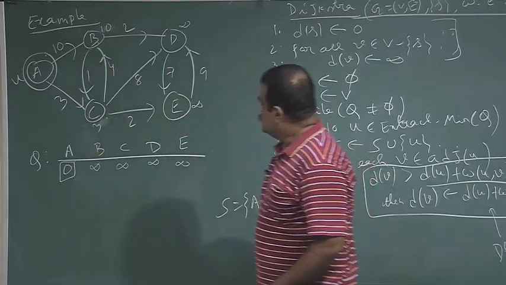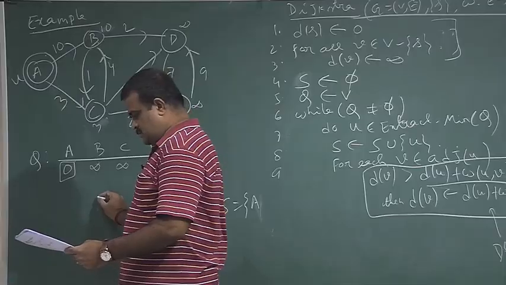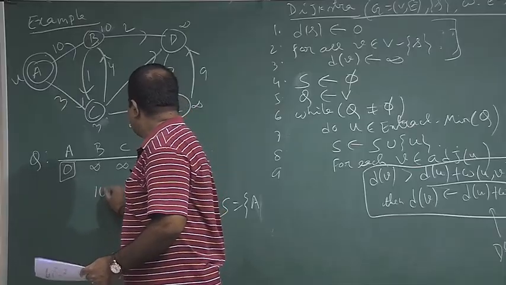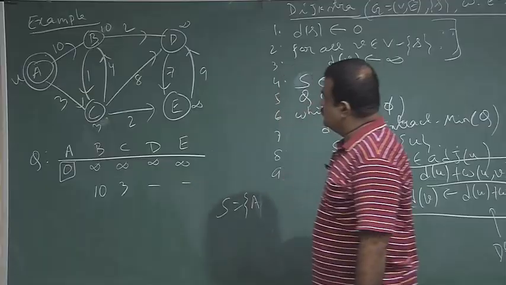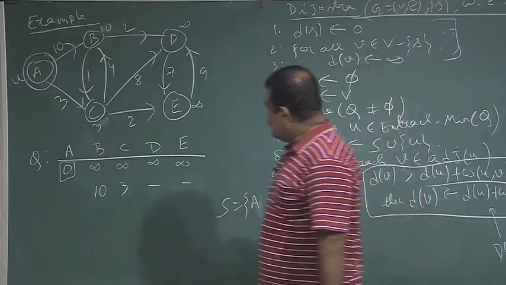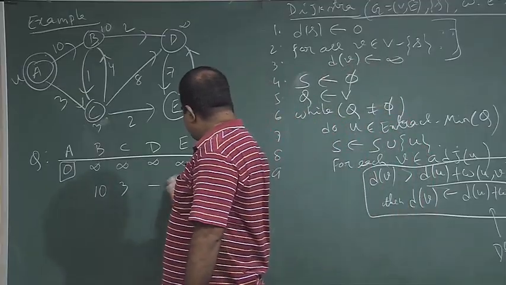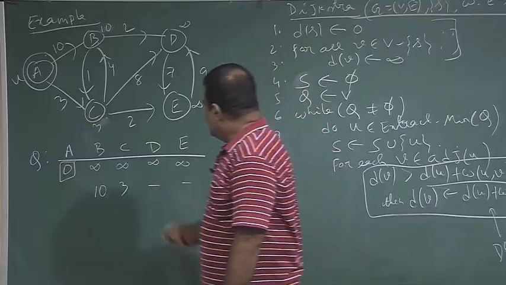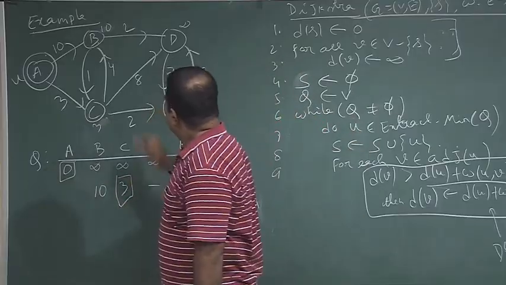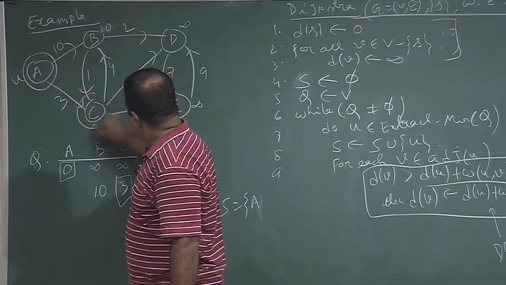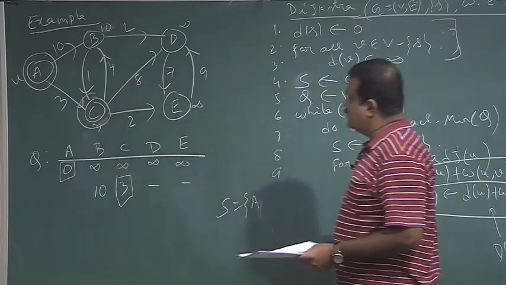So B is now 10 and E is now 3, and the rest remain unchanged, meaning they are infinity. Now we extract the next minimum. That is 3, which is basically the C node.